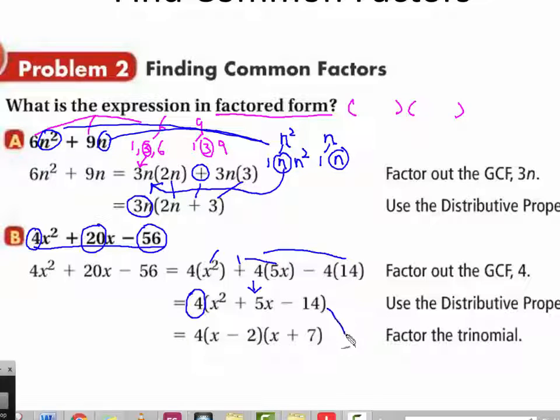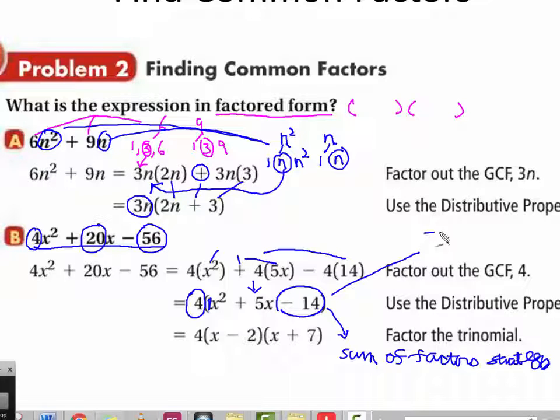Once you come to here, we can make use of the sum of factors strategy, because the coefficient a right here is 1. We make use of the factors of 14, which is 7 times negative 2 is equal to negative 14.